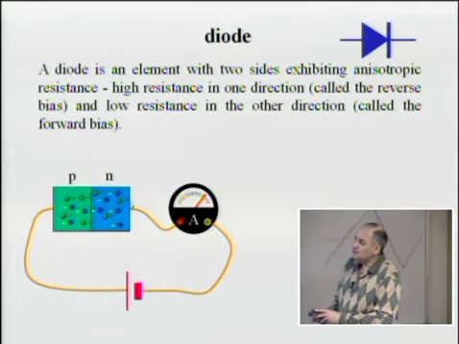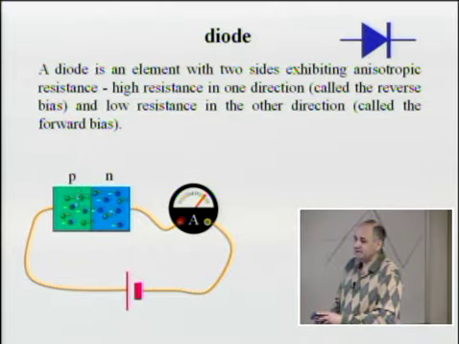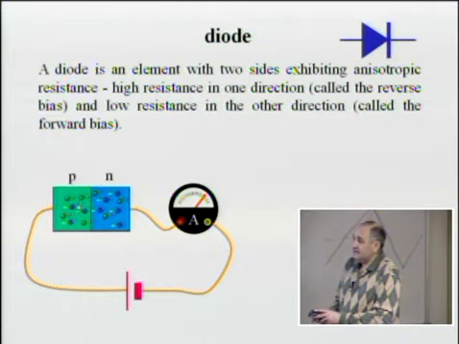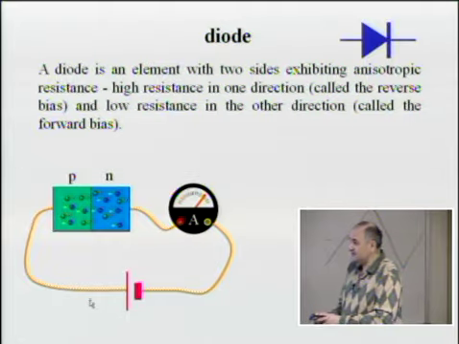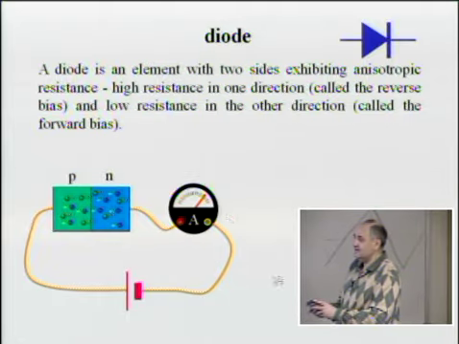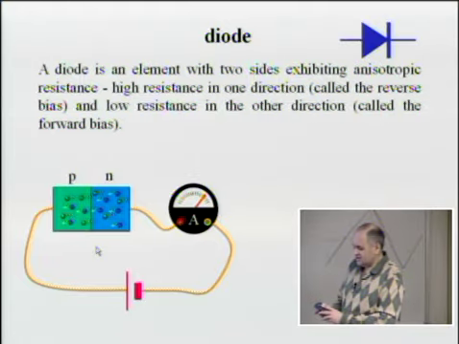Electrons will be pushed to the left, and they will be resupplied by the wire on one side and the other side. So I will have current flowing through the junction, and this is going to be the current in the loop. So in forward bias, we have such a situation.